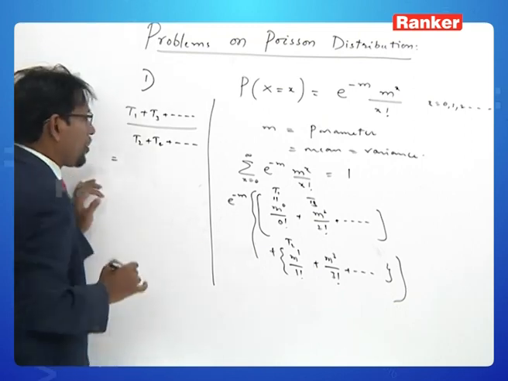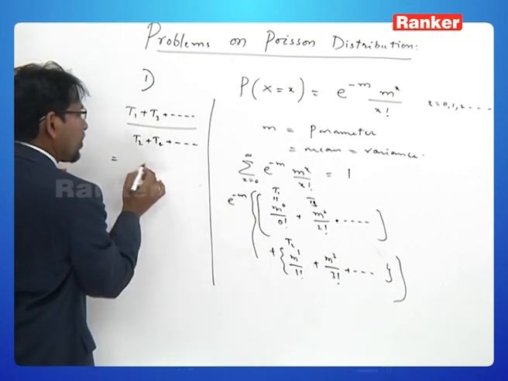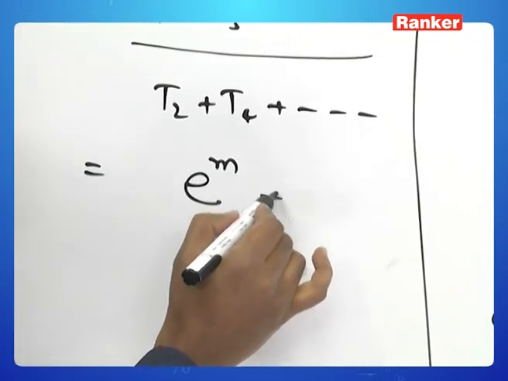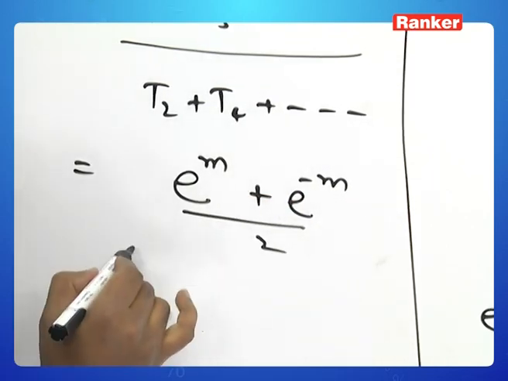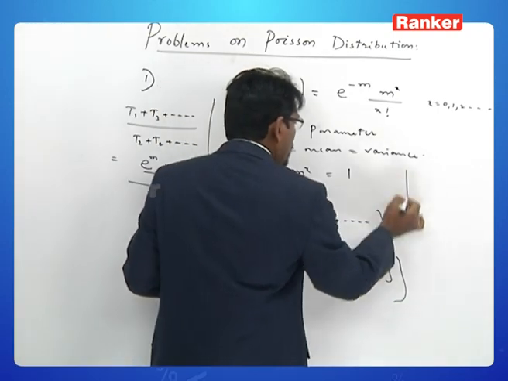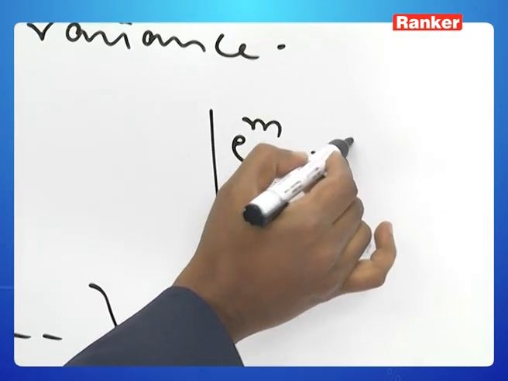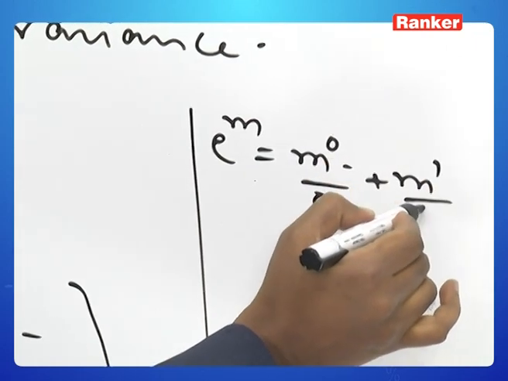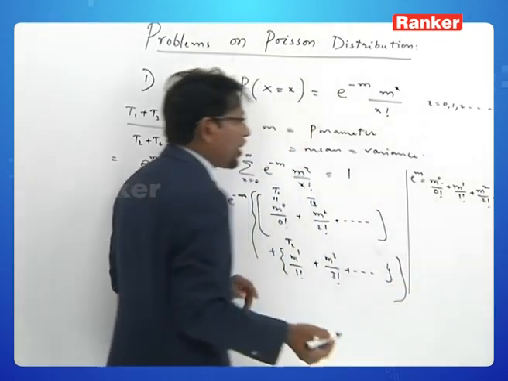So, what is this equal to? This is going to be e power m plus e power minus m by 2 in the numerator. In the expansion of e power m, we know that it is m power 0 by 0 factorial plus m power 1 by 1 factorial, plus m power 2 by 2 factorial, so on and so forth.